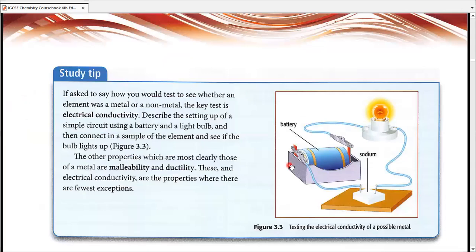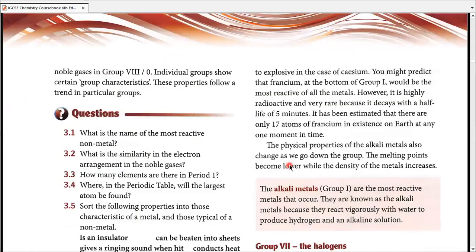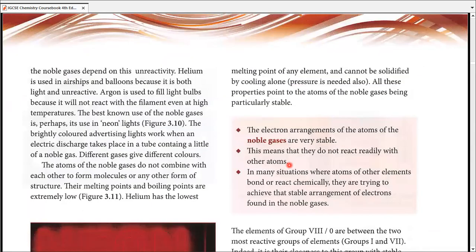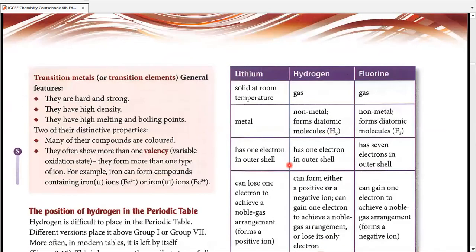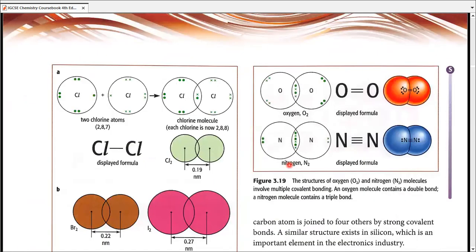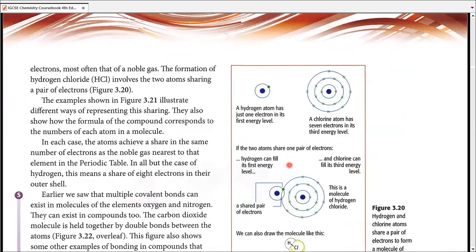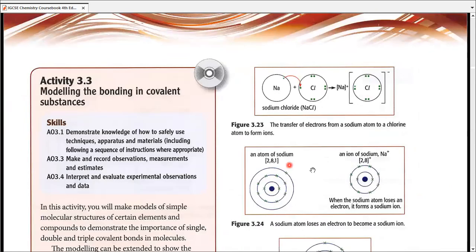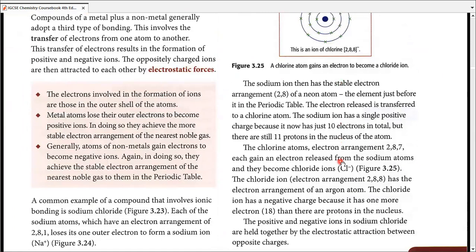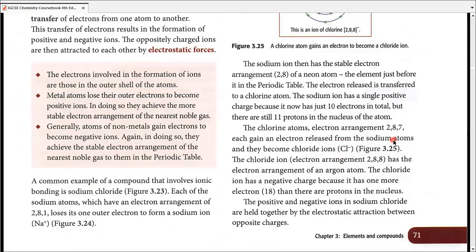Now, once they're converted into ions, sodium, after the loss of electron, gains a positive charge. Chlorine, after the gain of an electron, gains a negative charge and becomes a chloride ion. Now, they both have charges on them, opposite charges, if I might say, and that is the reason of their electrostatic forces of attraction.